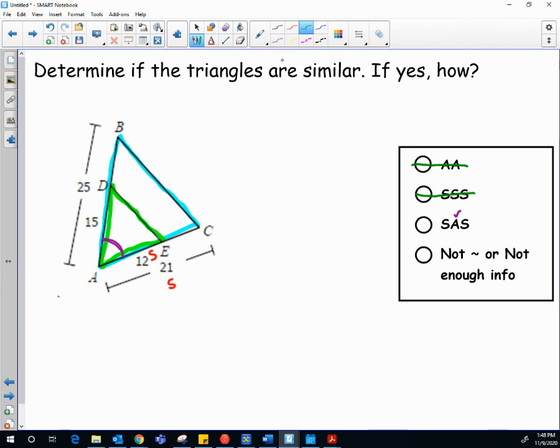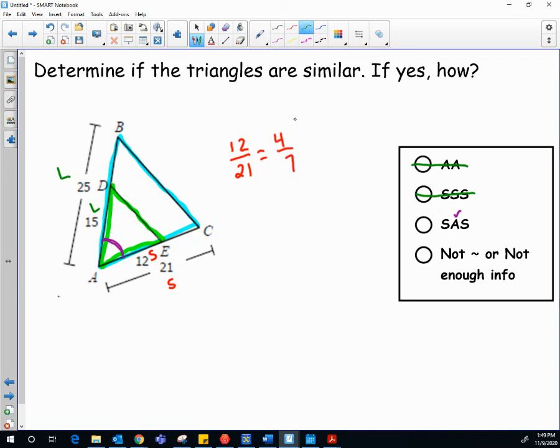Again, get in the habit of labeling. And then over here, the large is 15 and the large is 25. So then again, I'm just going to do small over small, green over blue. So 12 divided by 21. Okay. And then if I simplify that, 3 divided by 3, so it's 4/7.